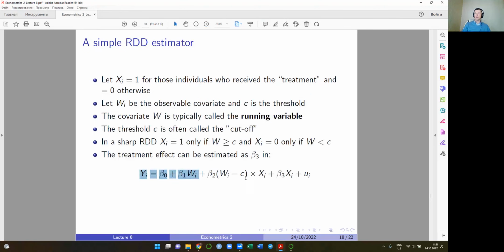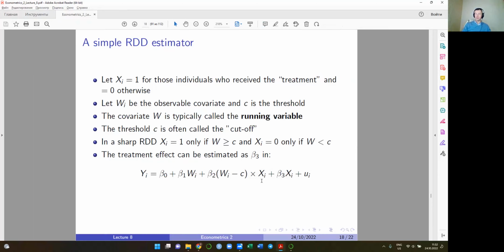What happens with the treated group? If x is 1, then the intercept instead of beta 0 becomes beta 0 plus beta 3. So this is exactly by how much your intercept is going to differ between treatment and control group.